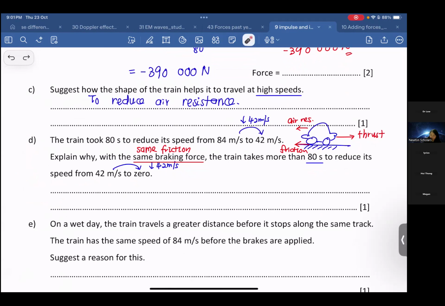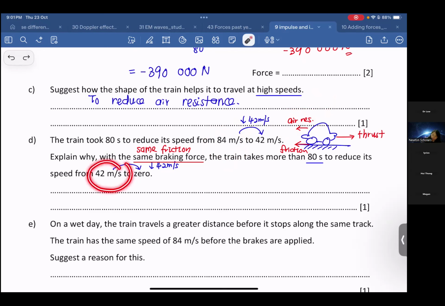At higher speed, it is able to slow down in 80 seconds because at higher speed, air resistance is higher. Higher air resistance helps to stop it. There is a force called air resistance that opposes your motion. That's why you can slow it down in 80 seconds.